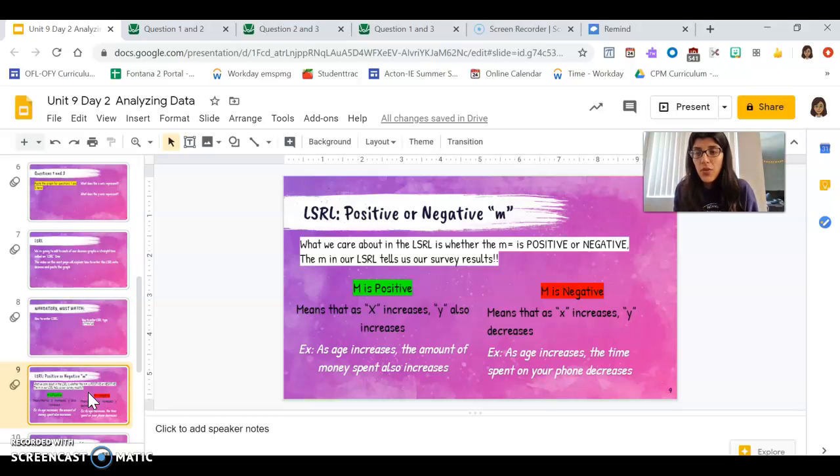If you want to just read them, you can, but I think it might be a little easier to hear them. So why we care about the LSRL: we care whether the m of the LSRL is positive or negative.